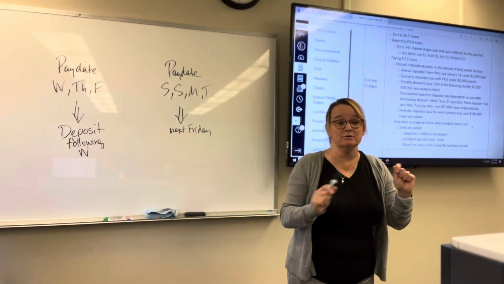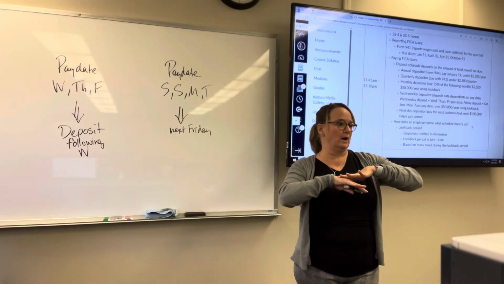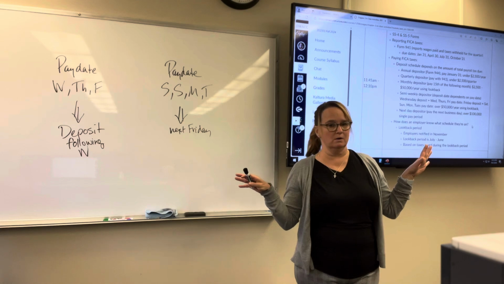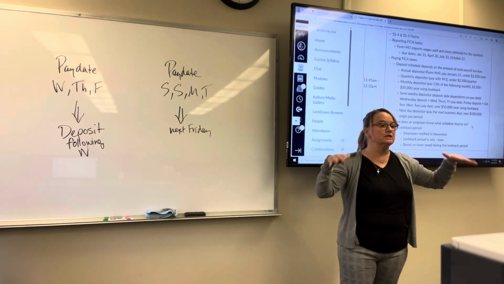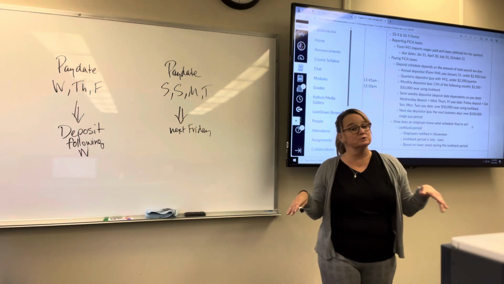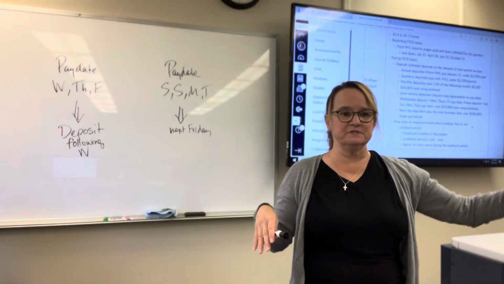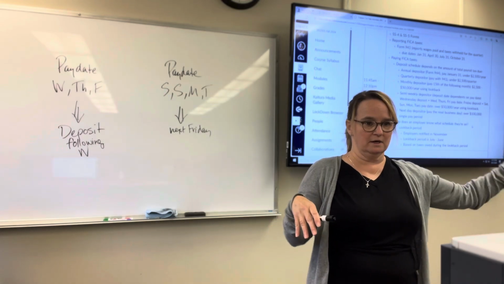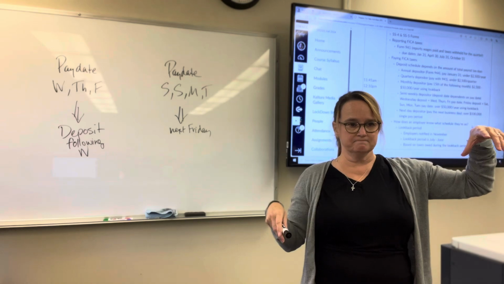Everybody starts out as a monthly scheduled depositor. So it doesn't matter how much you're going to owe, even if you don't think you're going to owe much. At the beginning, you start as a monthly scheduled depositor, which means you're going to have to deposit every month by the 15th of the month following that month, right?